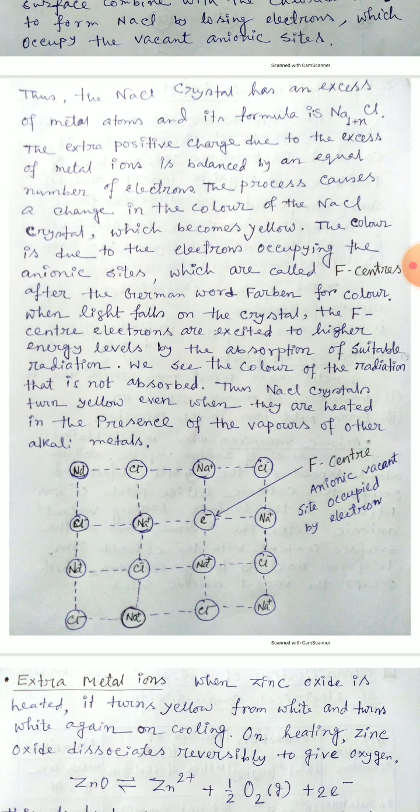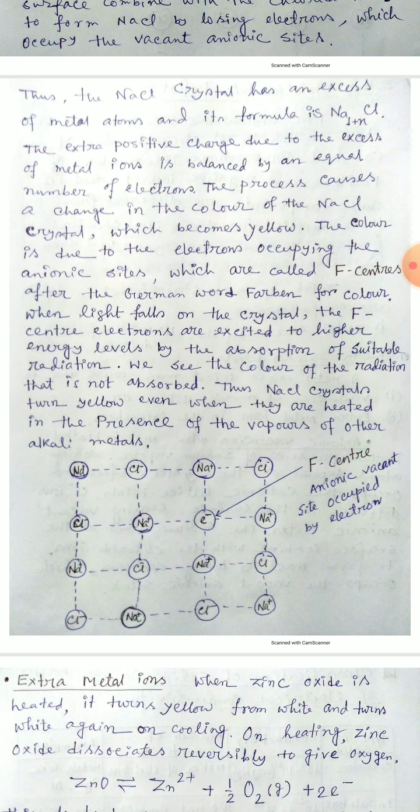These vacant anionic sites in which electrons are present are called F centers, after the German word Farbe, which means color.